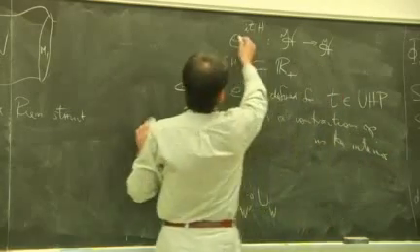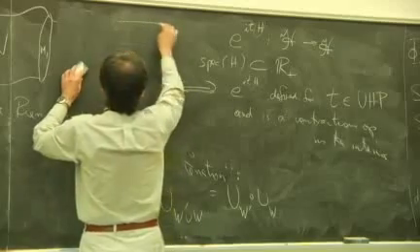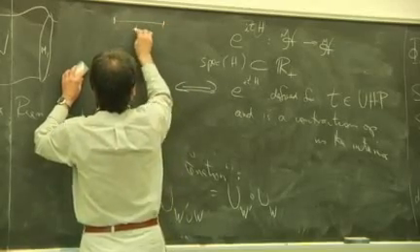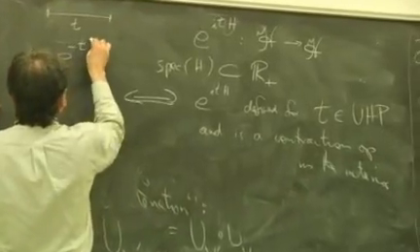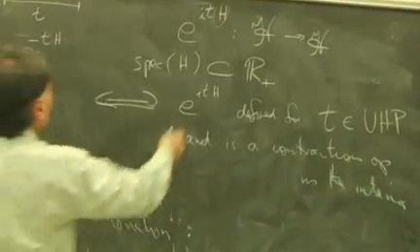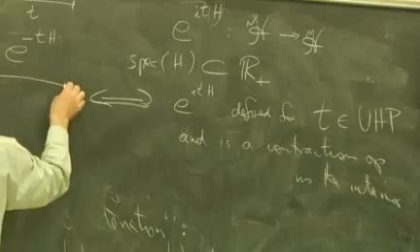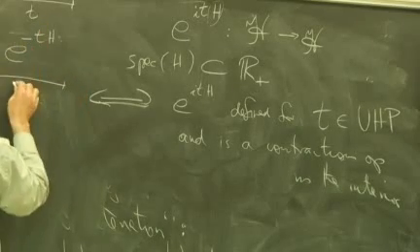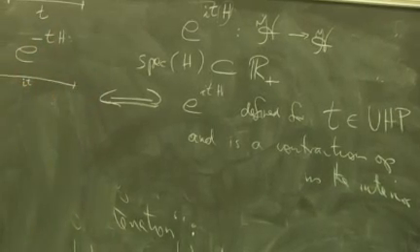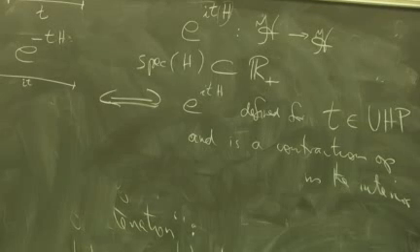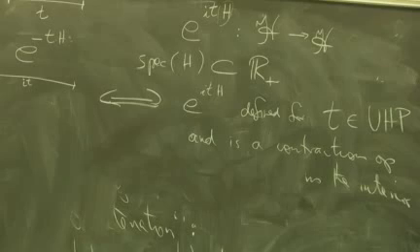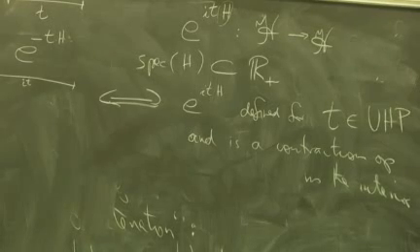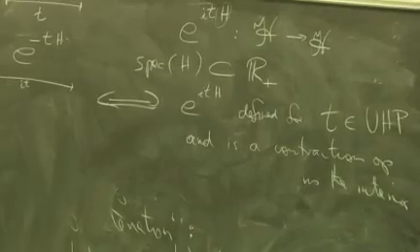You see, you think of this kind of operator as being associated to a Lorentzian manifold of length T. You think of E to the minus HT, a contraction operator, if this has positive spectrum, as associated to the Wick rotated thing, which you can think of as having length IT. So we want to make sense of this simple picture for higher dimensional manifolds. Well, that's one of the things in the second lecture.